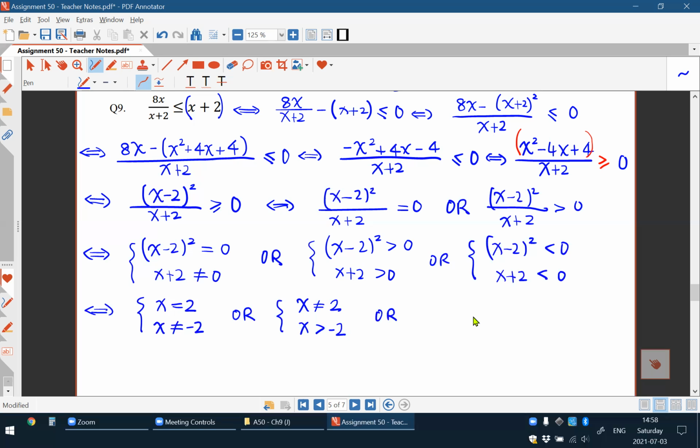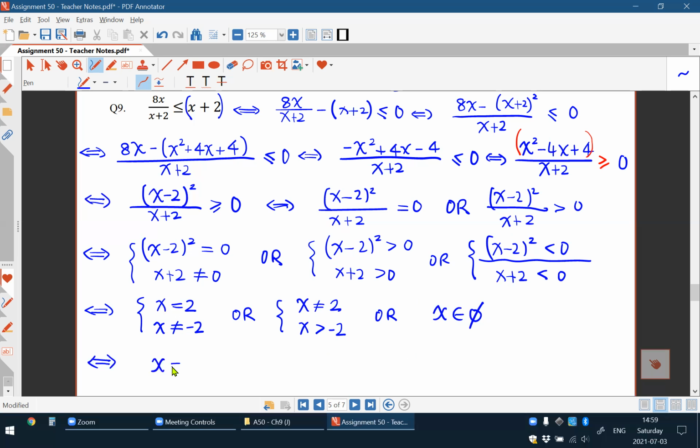Okay. And for the third sub-question, (x minus 2) squared is below 0. This cannot be happening, right? Because for any x, (x minus 2) squared is a non-negative number. So there is no x that can satisfy this condition. So that means there is no solution for x. X must belong to an empty set. Okay, so this is equivalent to, first of all, x is 2 and x is not -2.